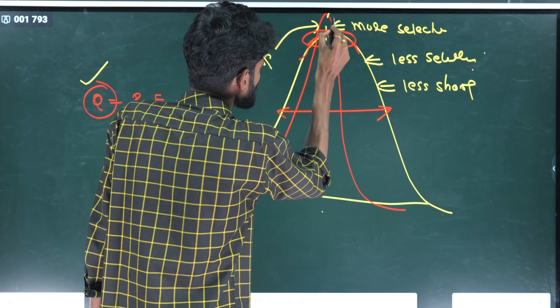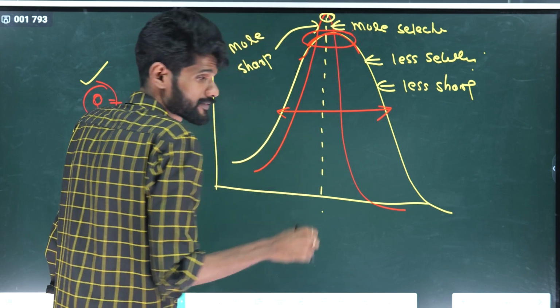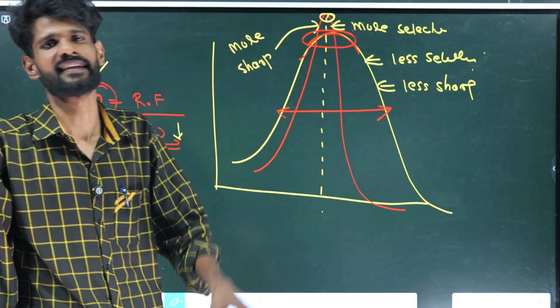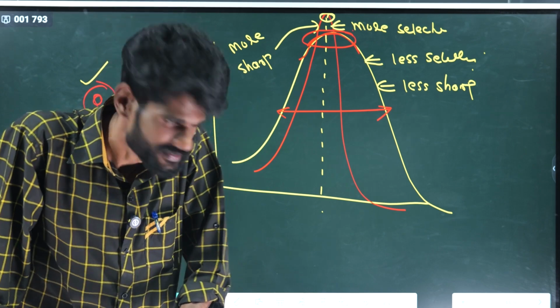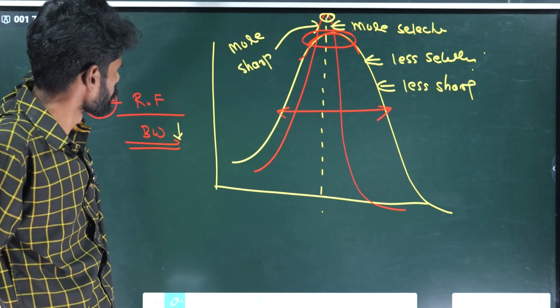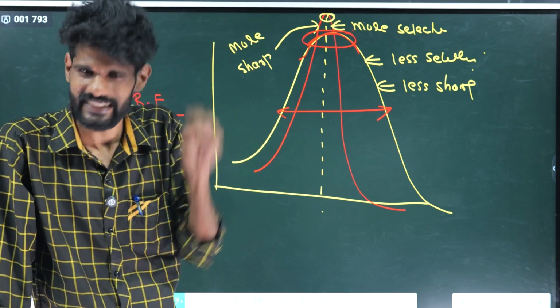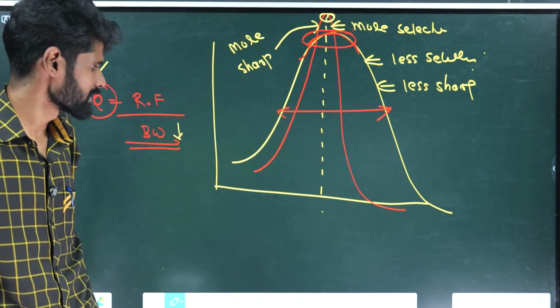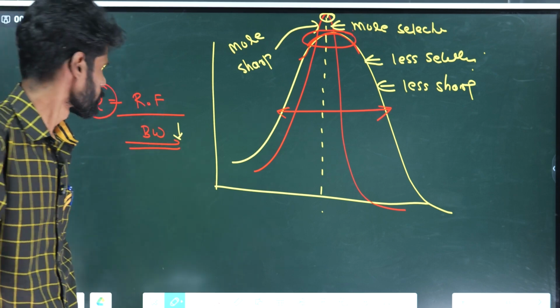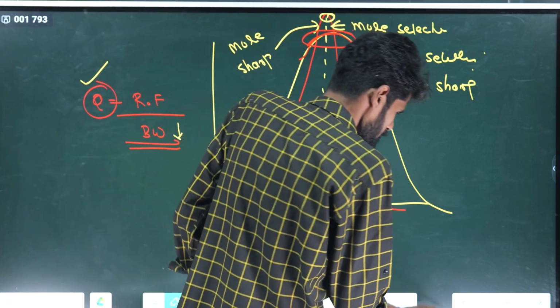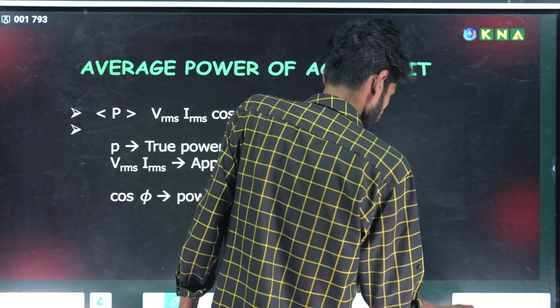Here there is a sharp peak corresponding to the resonant frequency, so we can select the resonant frequency in communication systems. So more sharp, more quality means more selective. That's the relation between quality factor, resonant frequency and bandwidth of the circuit.